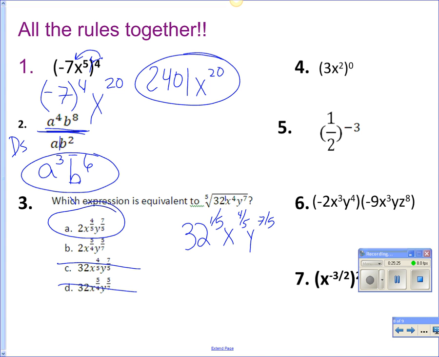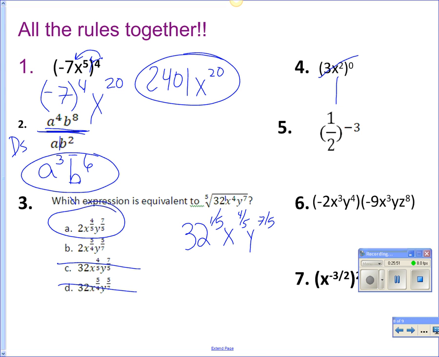Okay. Number 4, Stephen R., what happens when you have a 0 on the outside? What does it turn into? Well, it cancels out, that's true, and then you get a 1. The 0 cancels everything out, and you get a 1. Okay? All right, number 5. 1/2, is it a big number or a little number?